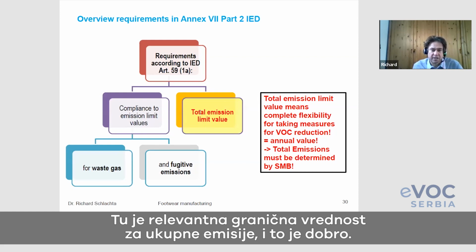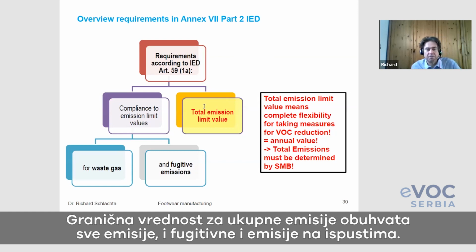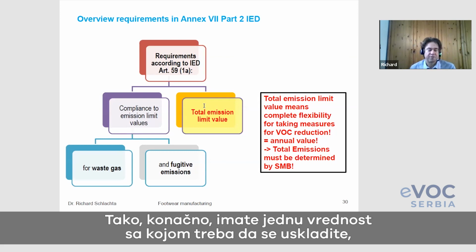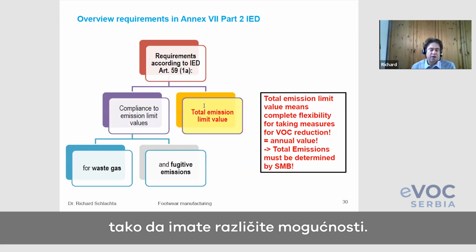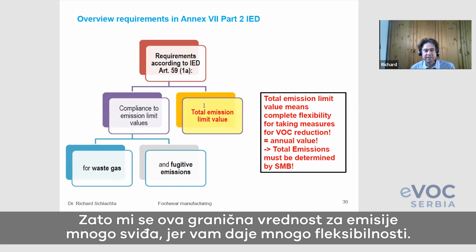And that's a good thing, because the total emission limit value includes all emissions, fugitive emissions and stack emissions. So finally you have one value, and the approach of how you comply with it is up to the operator. You have different possibilities. That's the reason I like that emission limit value very much, because it gives you a lot of flexibility.